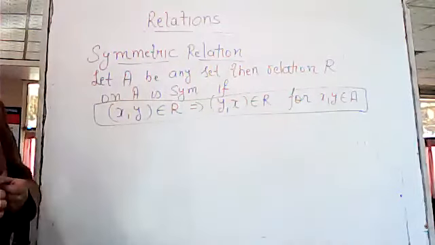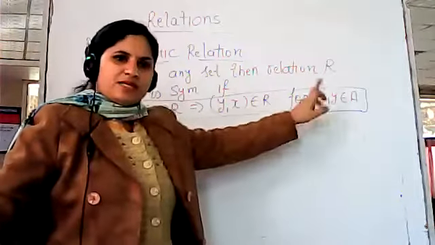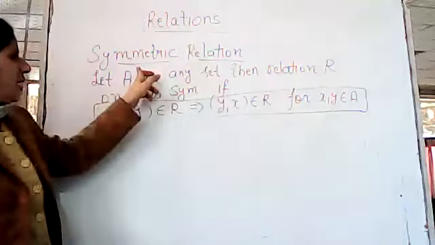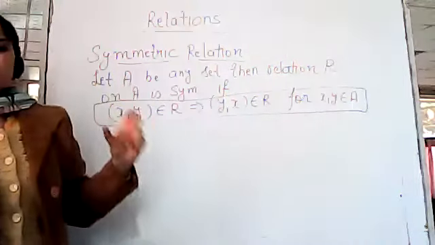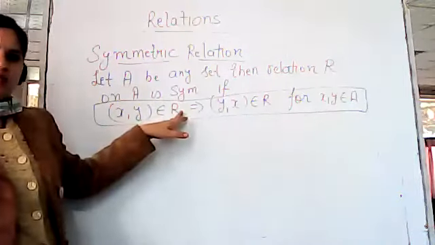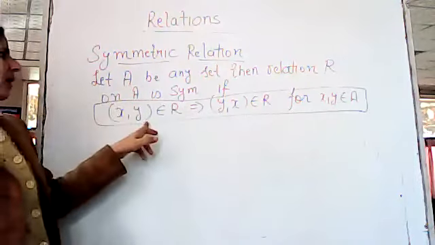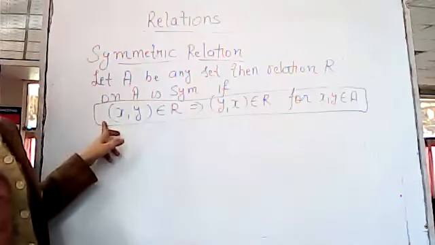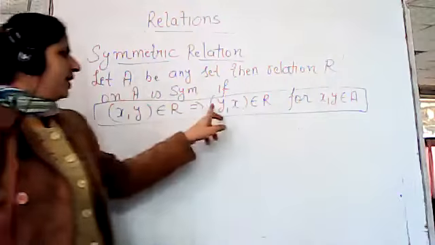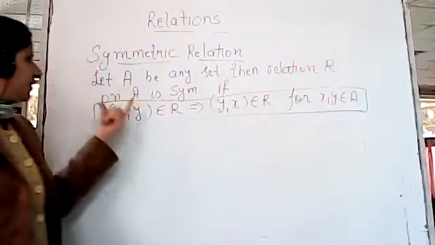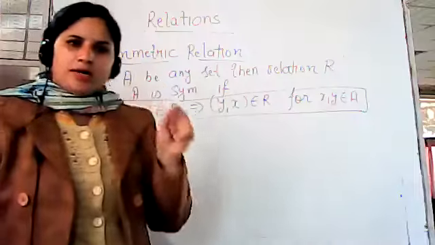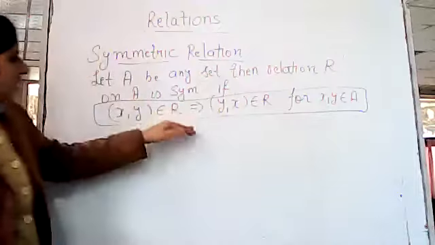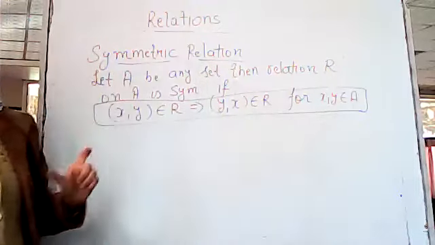for symmetric relation. X and Y are the elements that come from the set A. Now when the relation R, which is defined on set A, is symmetric, what is the condition? Suppose we have taken a pair x comma y from the relation R, and the inverse of this ordered pair, that is y comma x, is also present in relation R. If the inverse of every ordered pair of relation R is also present in R, then you will say this relation is a symmetric relation.